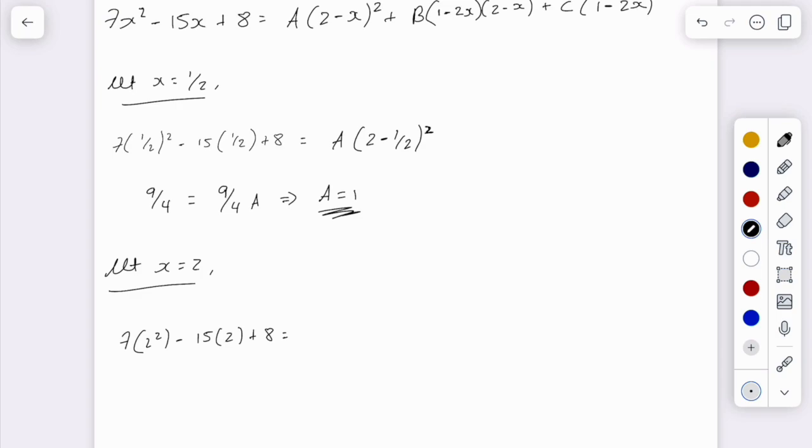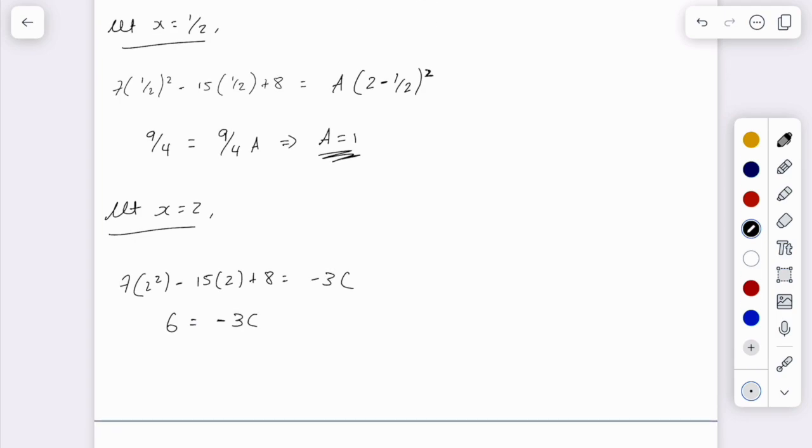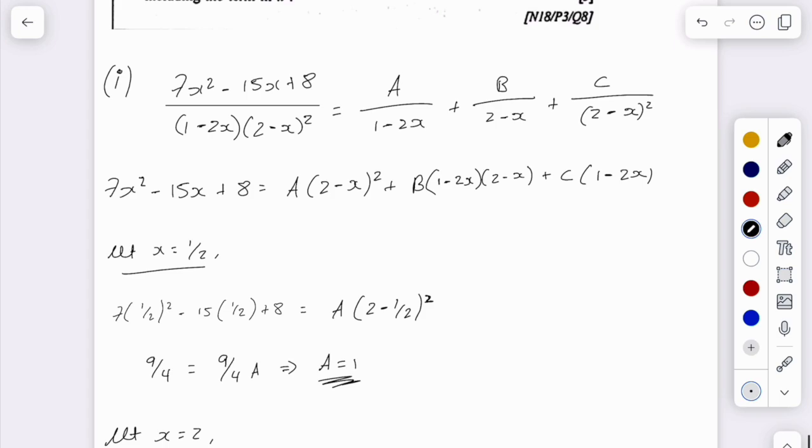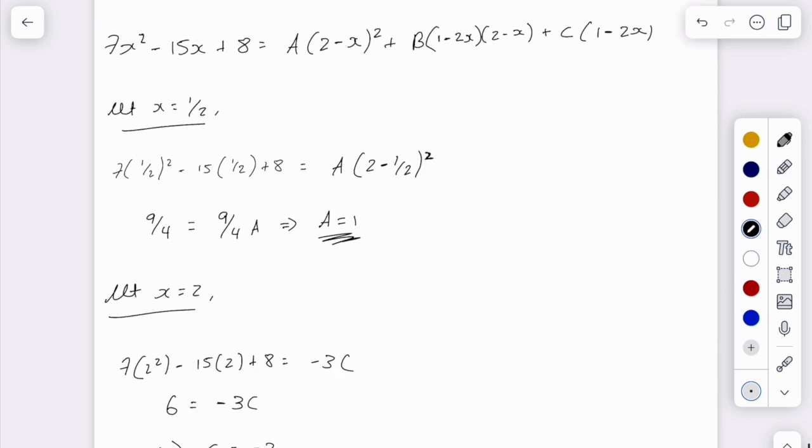So we're going to get −3C on that side. We add these up, what we're going to get is 6, and therefore we can say C is going to equal −2. Perfect. So we got that.